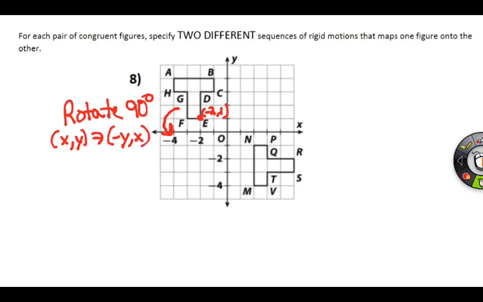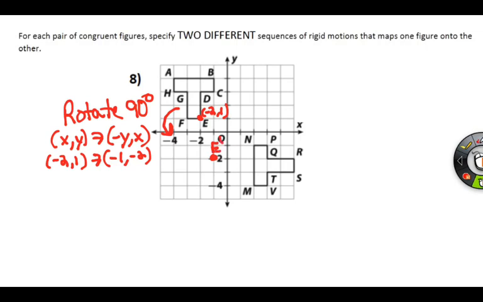So this point, for example, is (-2, 1), and that would become (-1, -2), which would be right there. So this would be the new E, so that would be the E prime.